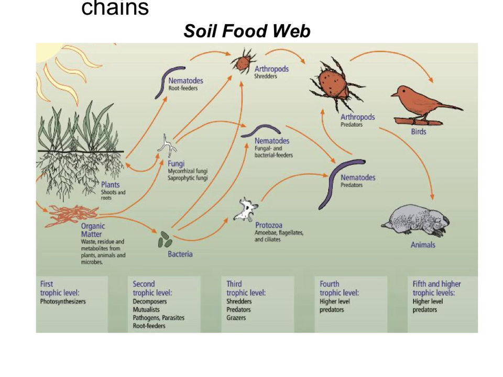Right, shredders, predators, grazers in our third trophic level. Fourth trophic level, higher level predators. Okay, and then finally more higher level predators. And all of these things, right, live in the soil. Okay, and some of them burrow in the soil and some dig through the soil, right?